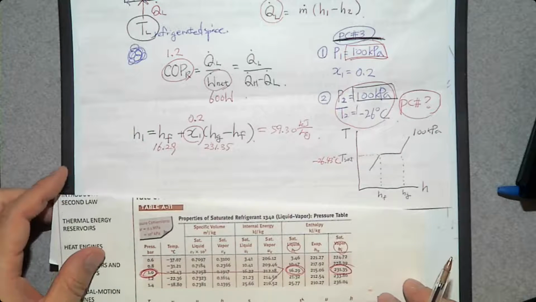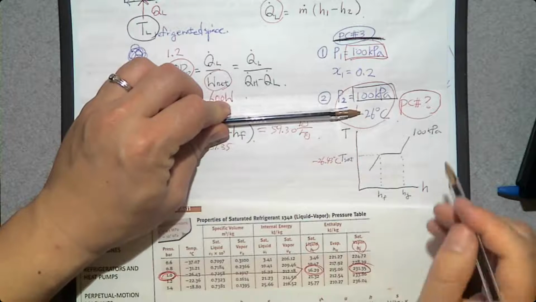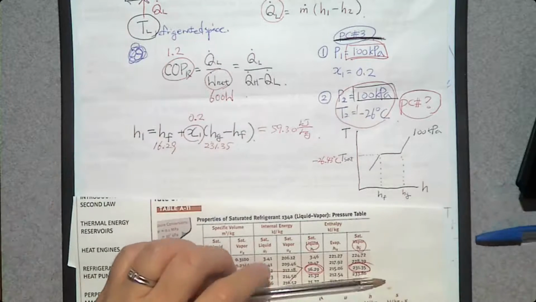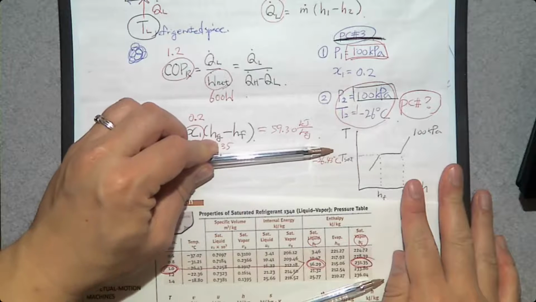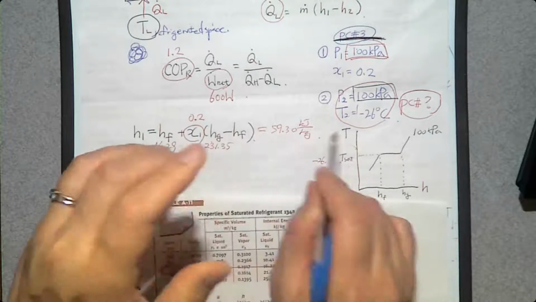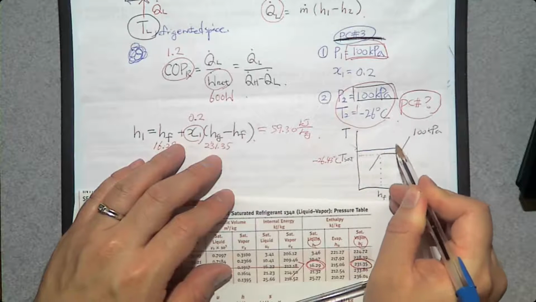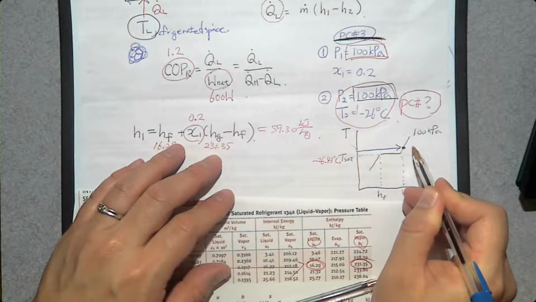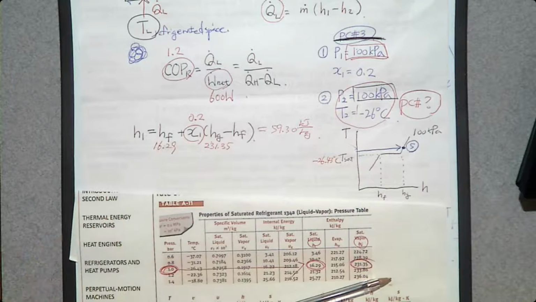Oh wait, we know the temperature at the exit. It is minus 26. So where is minus 26? It's greater than minus 26.43, slightly greater than this value. So somewhere here, we have phase change process number 5, superheated vapor.